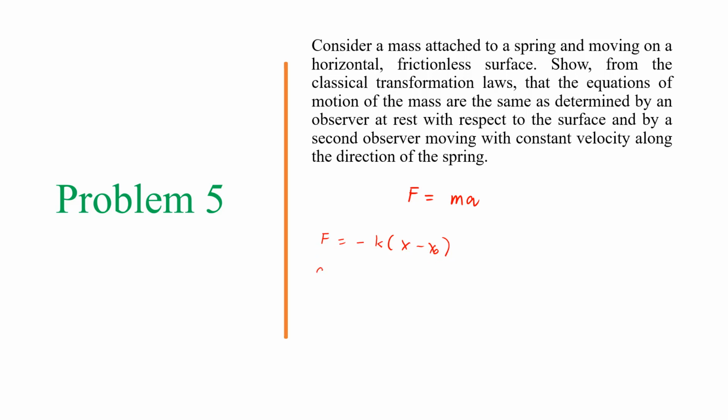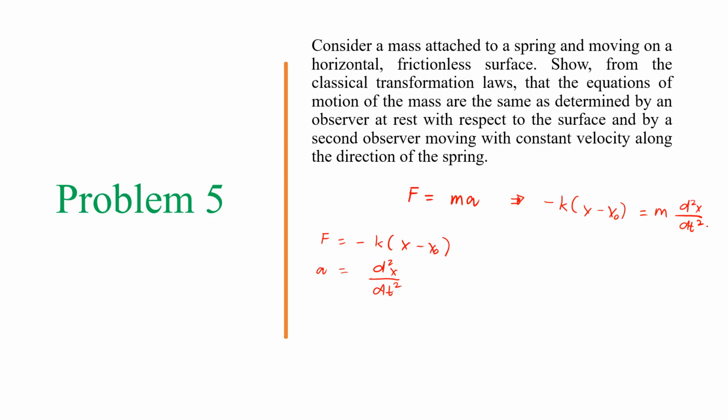And the acceleration is equal to the second derivative of x with respect to time. Therefore, we can write this as minus k (x minus x naught) is equal to m d squared x over dt squared.